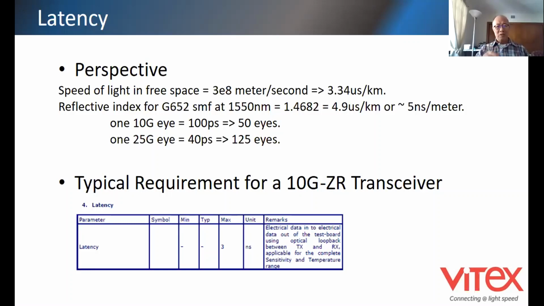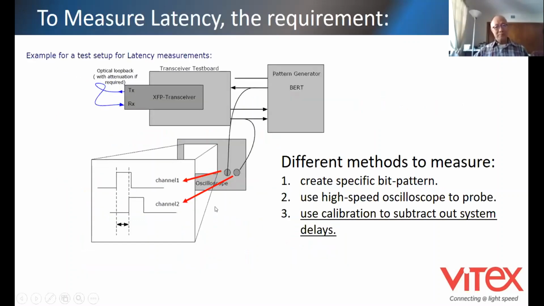And the one down there is the typical requirements. Again, I already said it's 3 nanoseconds for 10G CR. This slide shows how the customer would like us to measure. Basically, it's from the input of the transmitter to the output of the receiver, right?